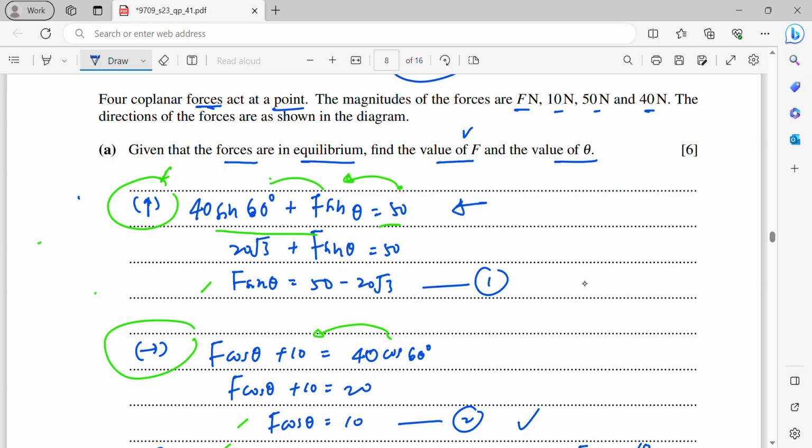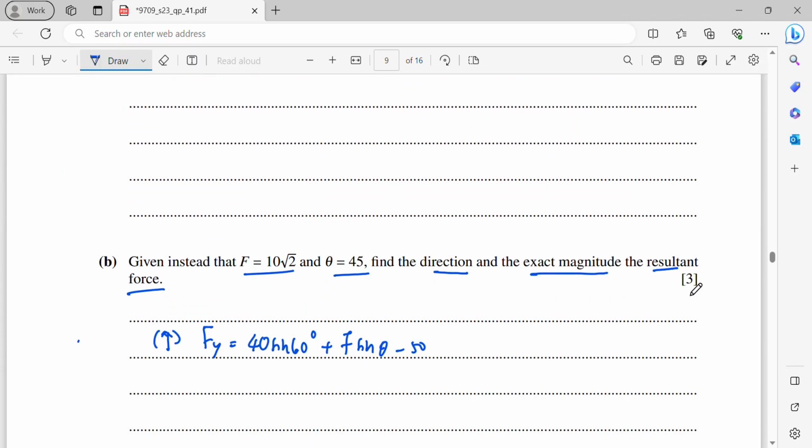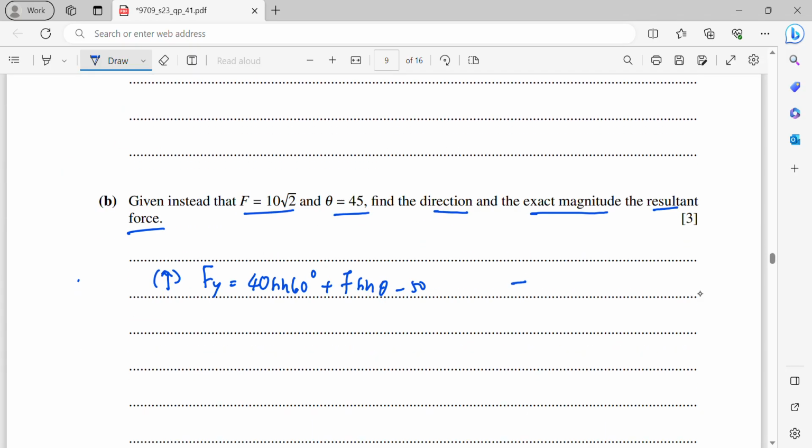Okay, so for the total horizontal force, with the right side considered positive, I just move the 40 cos 60 degrees to the left hand side and rewrite all the terms. Let it be Fx. Then it will be F cos theta plus 10 minus 40 cos 60 degrees. Now I will replace my F and theta accordingly.